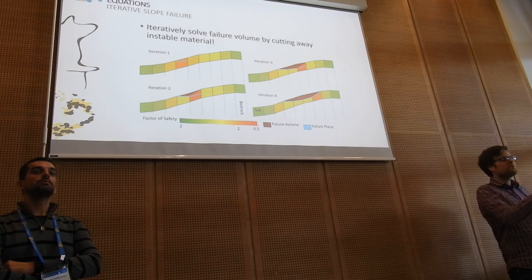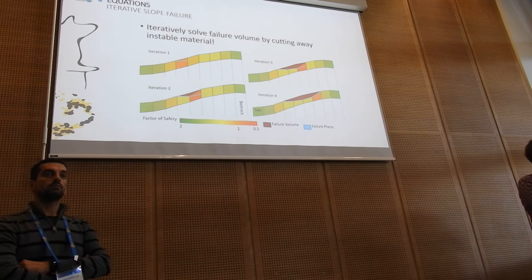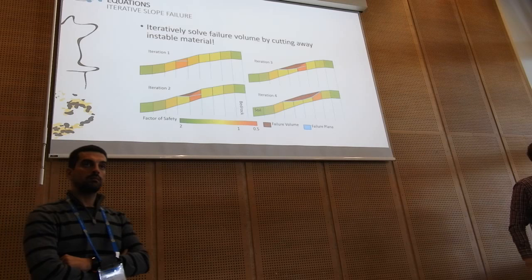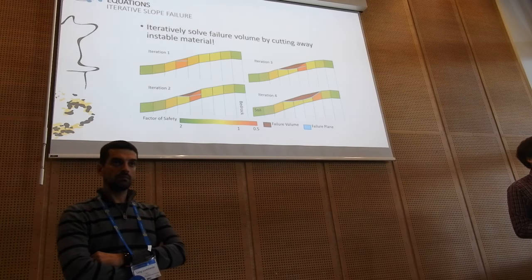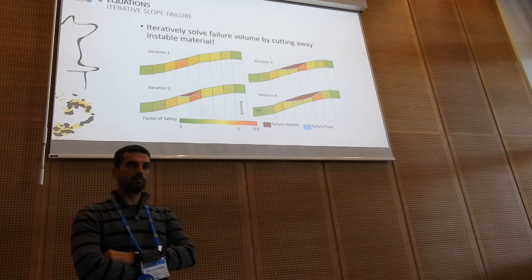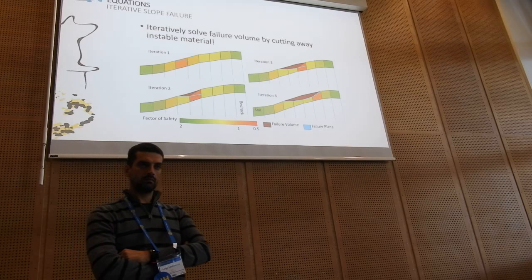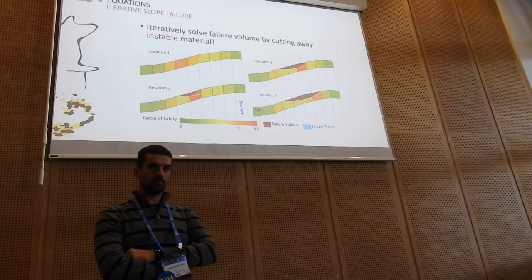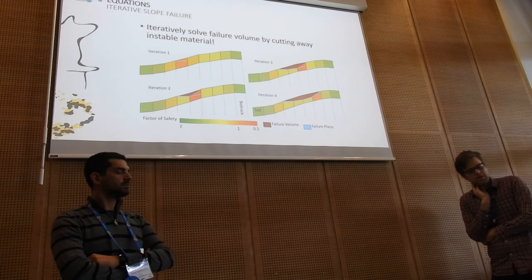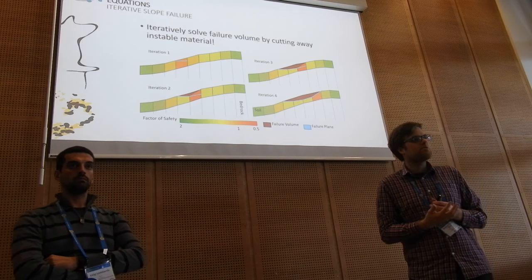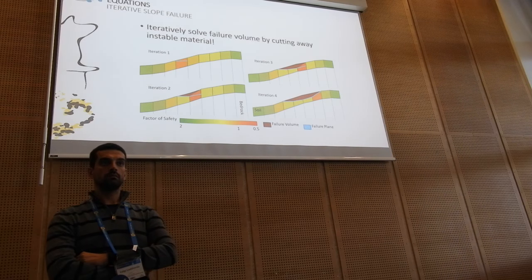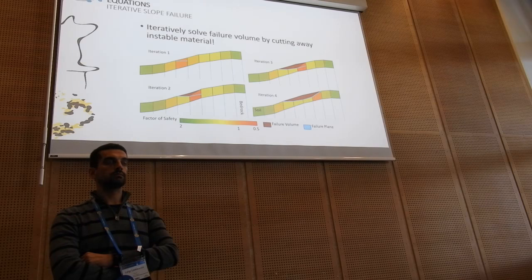Last question maybe. So the parameter of friction between bedrock and the soil. Can you change its area? Does it have variability of this friction parameter? You mean the internal friction angle of the material? So the friction between bedrock and the soil. Oh yes.